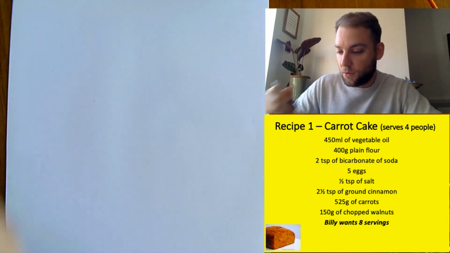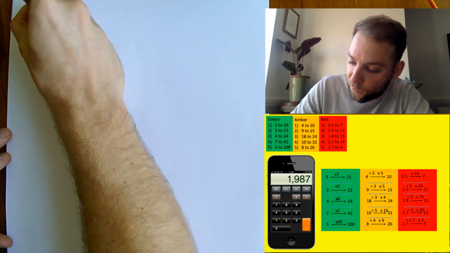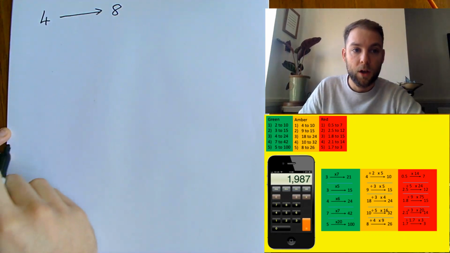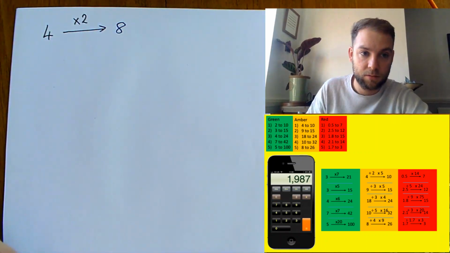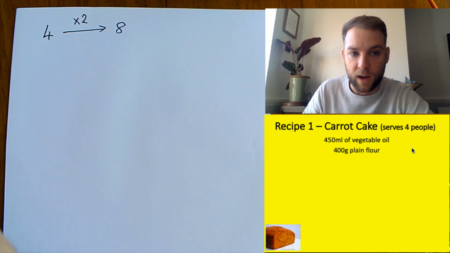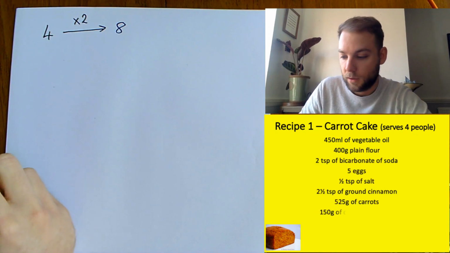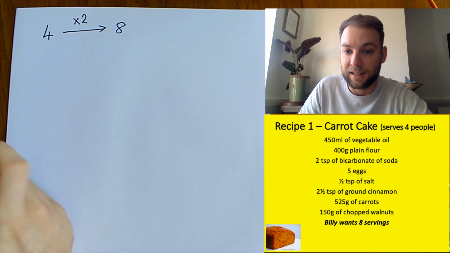It starts off very similar to the way we were doing this one here. Well, I can do that in one step. All I need to do is to times by 2. So with all of these here, I need to times by 2.